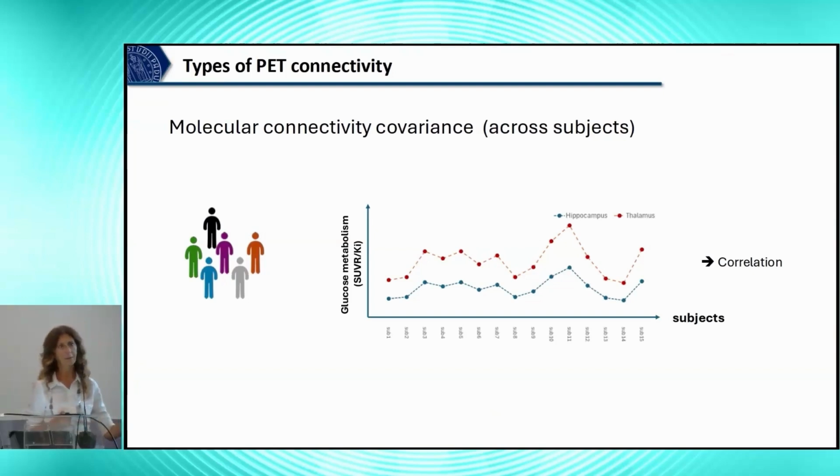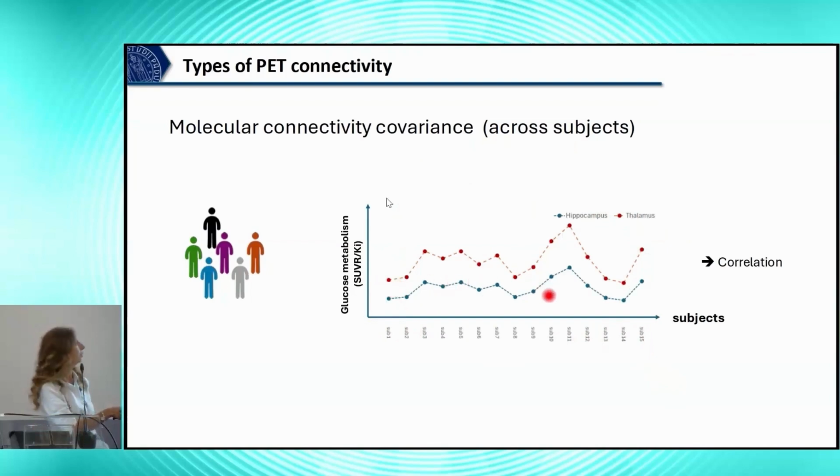The first is linked to Horwitz, and the second is linked to Friston. This one is linked to Horwitz. We have this vision, this idea: here we have subjects. We have two regions, for instance hippocampus and thalamus, and we sample, for each subject, the glucose value in the first region and the glucose value in the second region.